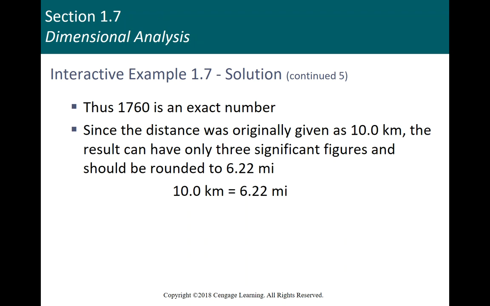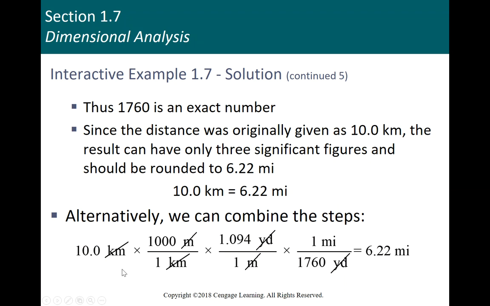Now, this is normally what I do. I would normally combine the steps instead of doing them stepwise. And so we start with 10 kilometers, our conversion to meters, our conversion to yards, and then our conversion to miles. And we cancel out units as we go along. And if you do set it up this way, what you want to do is take all the numbers on the top times each other. So 10 times 1,000 times 1.094 times 1.